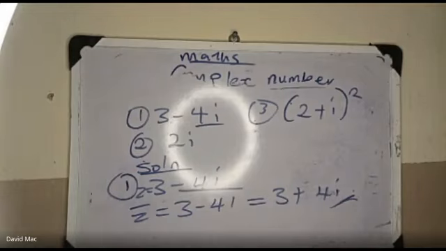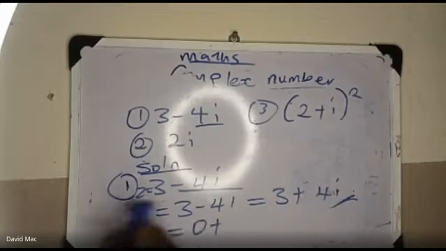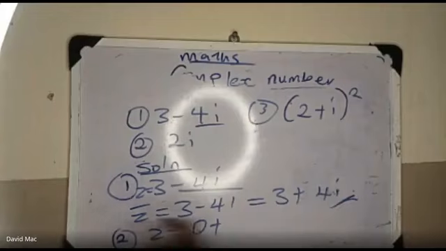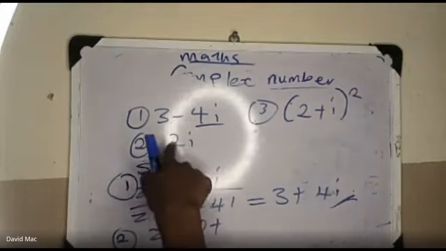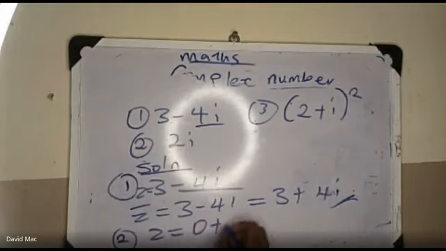So the second one, they said 2i. So let z be equal to 0 plus 2i, because our a here is 0. They didn't put a here, they only put bi, so it's supposed to be 0 plus 2i. And this is the first part.